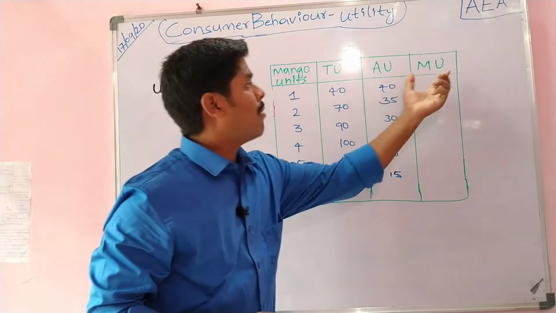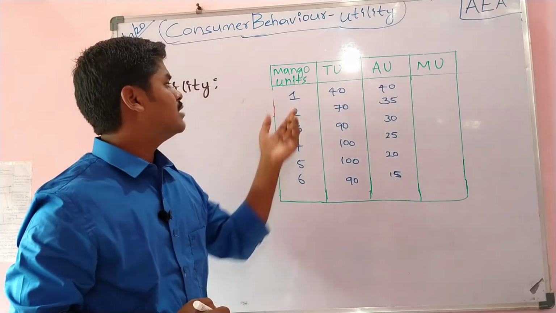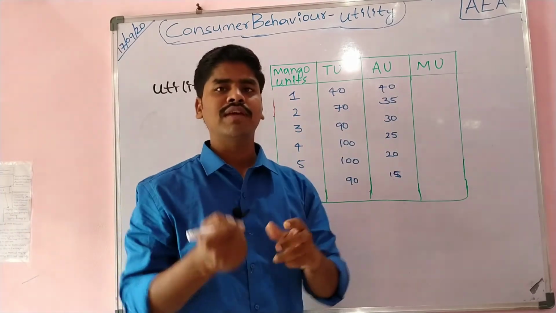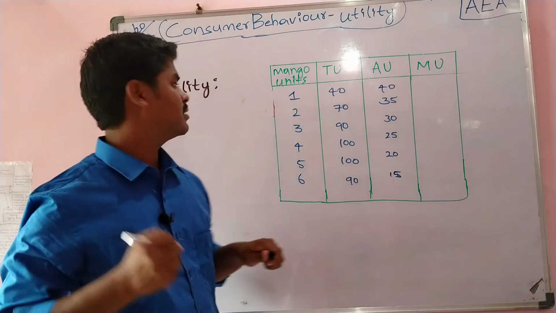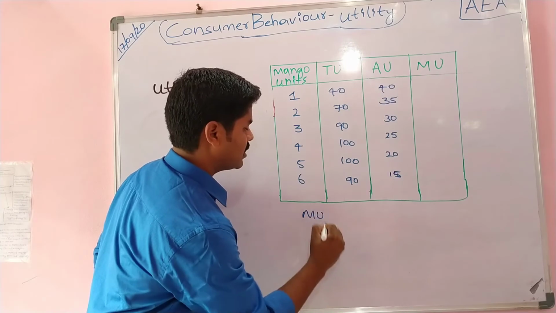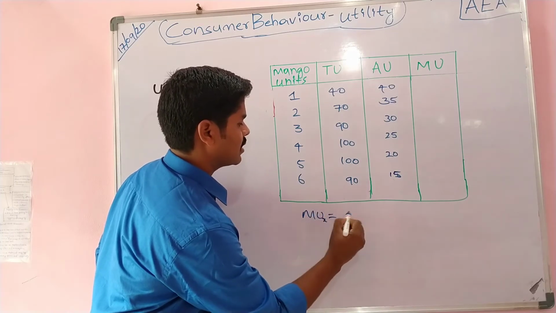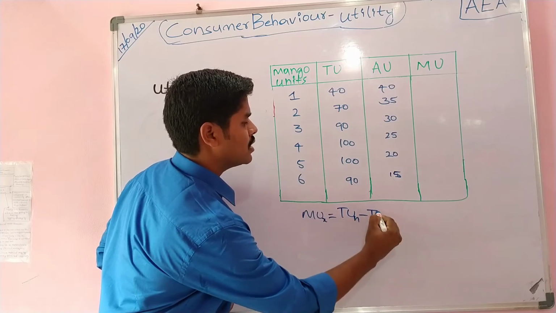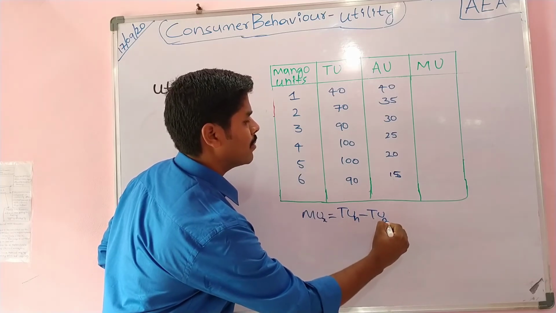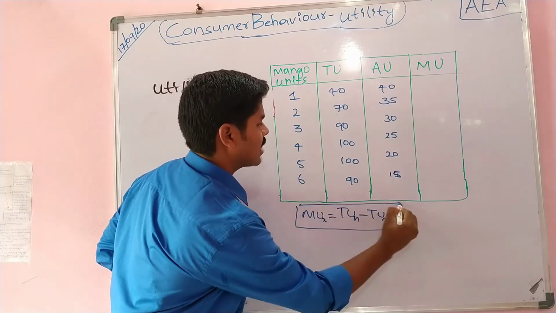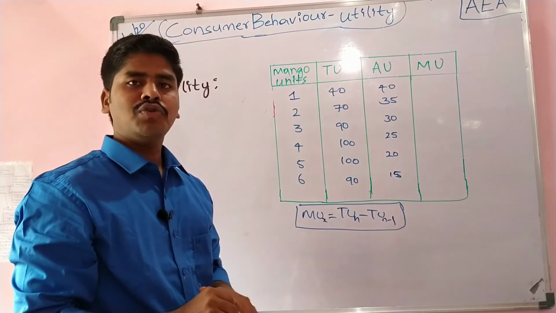Coming to the marginal utility. Before going to the marginal utility, we have one formula. Marginal utility MU of n equals TU n minus TU n minus 1. This is the formula by which we can calculate the marginal utility.